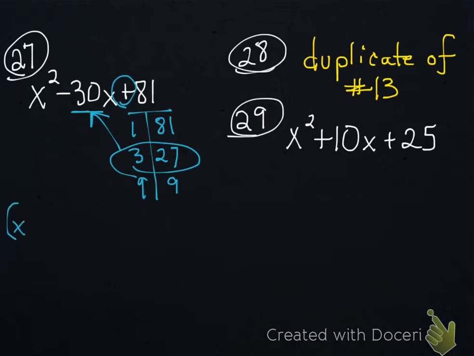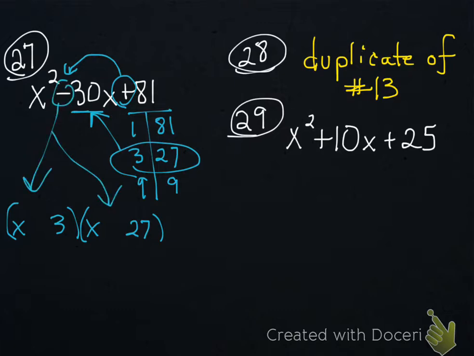Write the binomials. Parentheses with x's at the front, numbers go at the end, 3 and 27. The 81 is positive, so both factors get the same sign as the middle term, which is 30. So the sign will be negative. X minus 3, x minus 27 is the factored form for this quadratic.